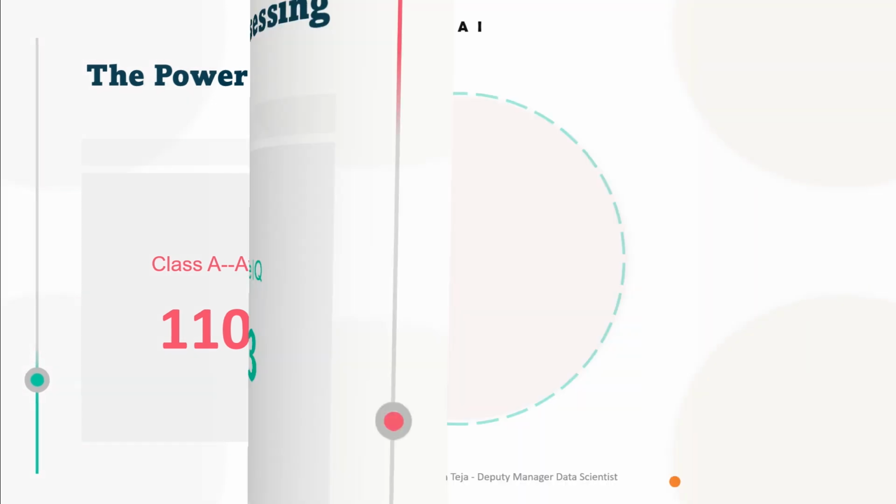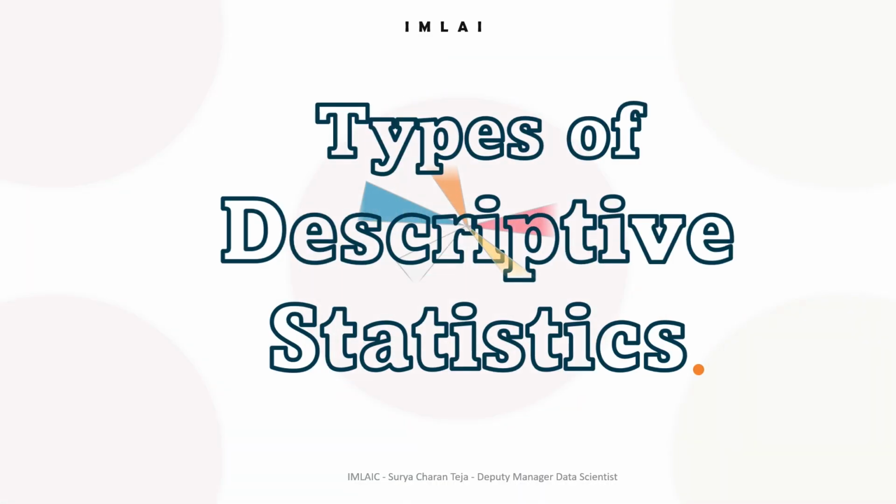So first, let's begin with looking into the various types of descriptive statistics, and then once we see the types or categories of descriptive statistics based on the functionality of the tools that we are using, then we will deep dive into each and every category, and then we will do a lot of examples under this. Okay.